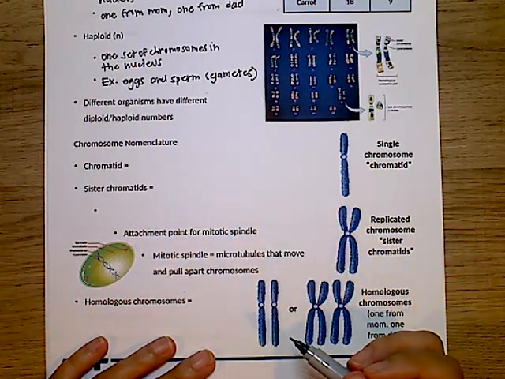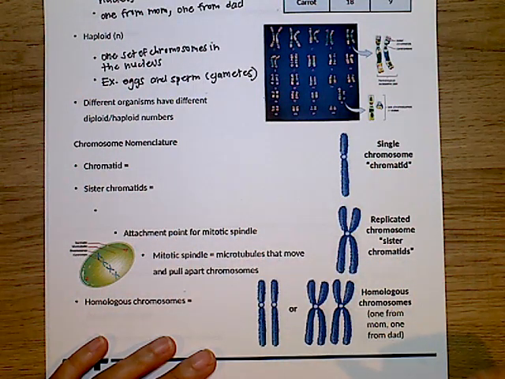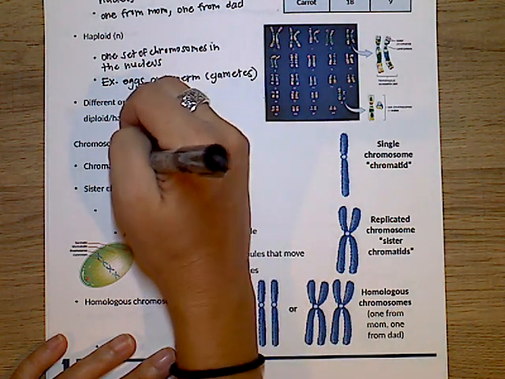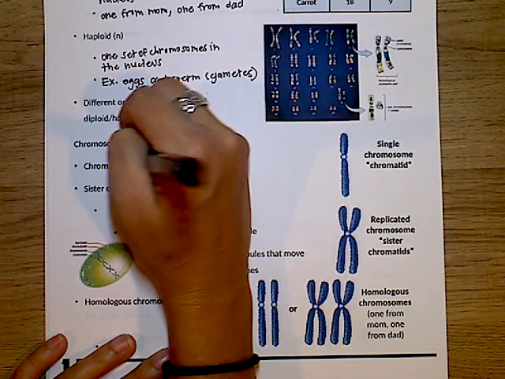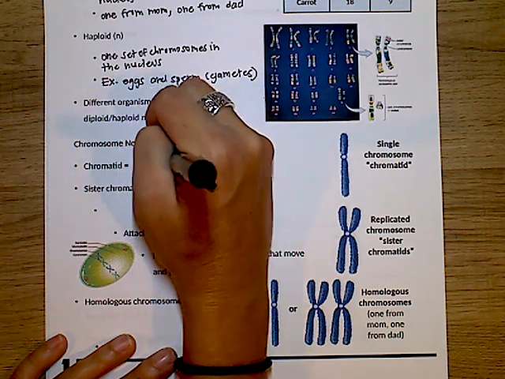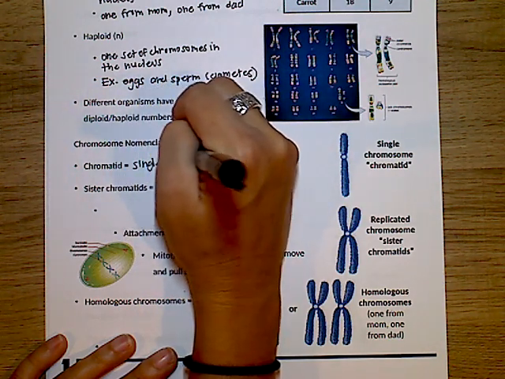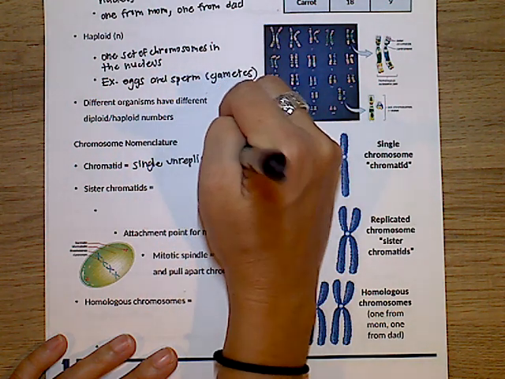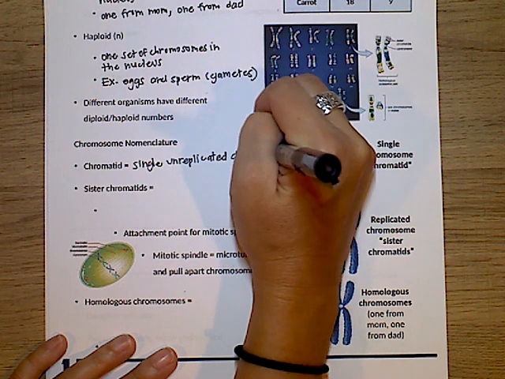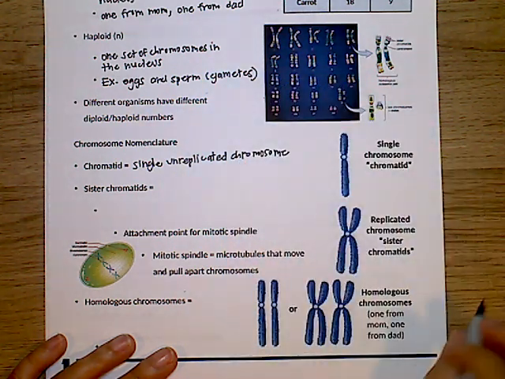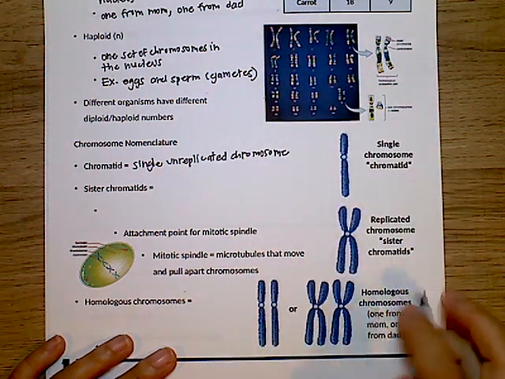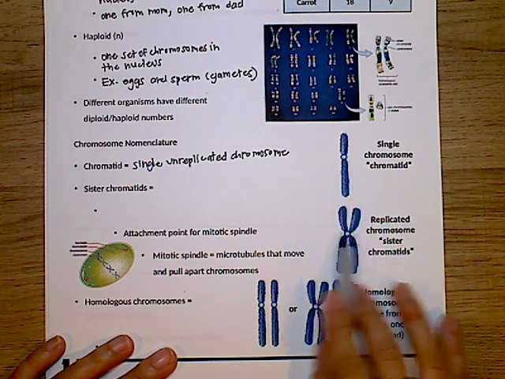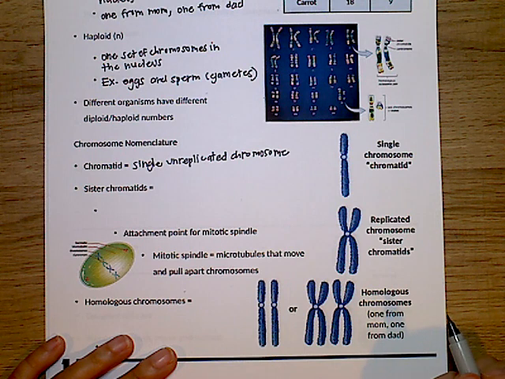So chromosome nomenclature, or what do we call these parts? So a chromatid is a single unreplicated chromosome. So here we have a single chromatid. It's not paired up with anything like you see down here.